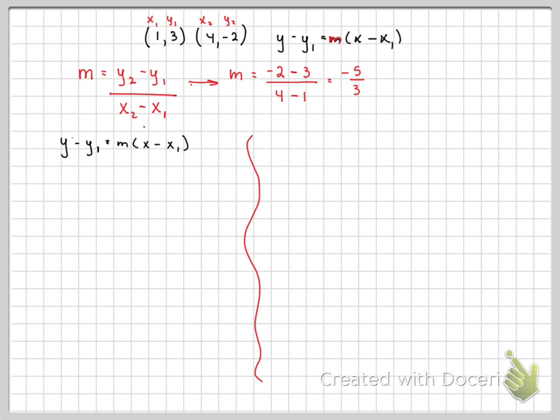Okay, so I am using slope-intercept, or point-slope. So y minus 3, I'm using the coordinate on the left, equals m times x minus x1, okay? So y minus 3 equals negative 5/3 x plus 5/3. Now we're going to add that 3 to both sides.